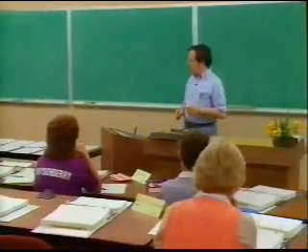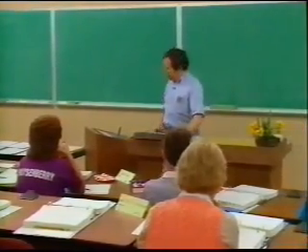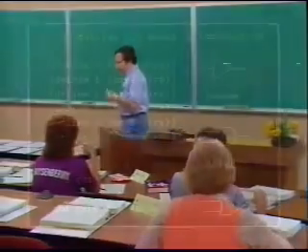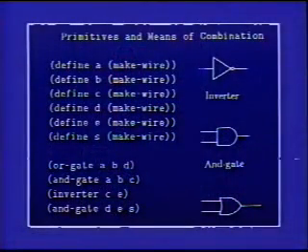Well, let's even go one step further and talk about the most abstract types of electrical systems we have, digital circuits. And here there are certain kinds of objects. For example, in digital circuits, we have things like inverters. We have things like AND gates. We have things like OR gates.